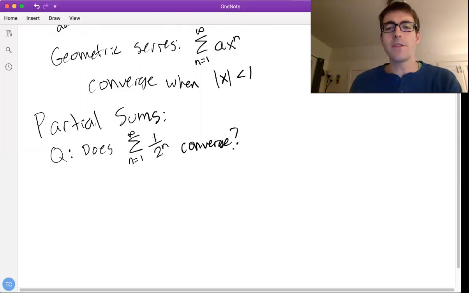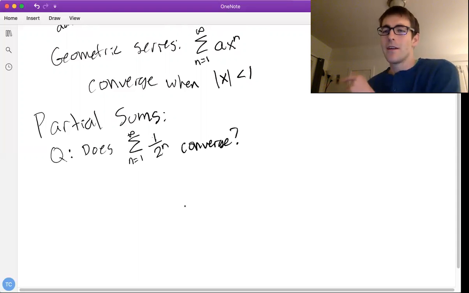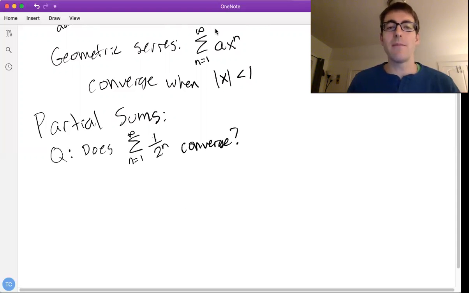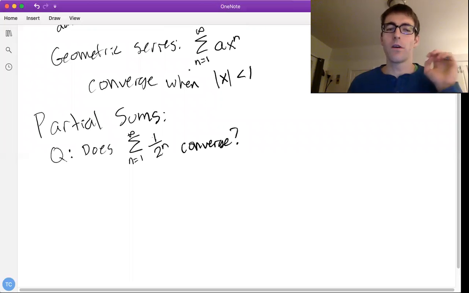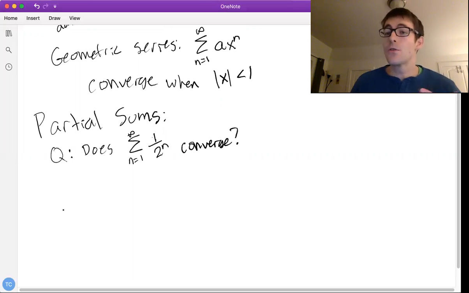If you're paying attention, you might say, hey, this series is geometric, and be able to use the statement we just made to answer this. I'm going to pretend that we're not noticing that piece, and we're going to answer this using a partial sums approach. So we're going to be constructing a sequence.